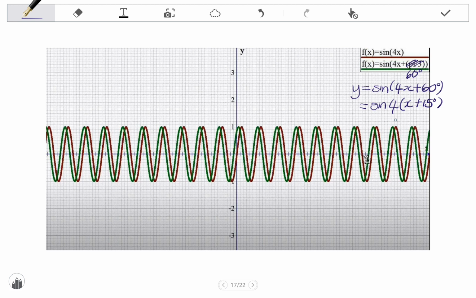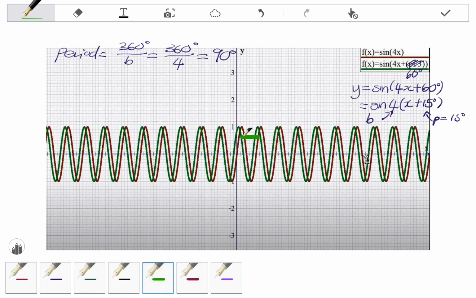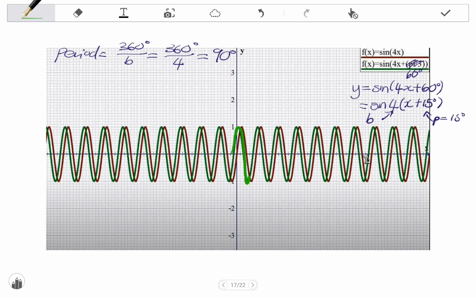So in this case, our b value is 4, and our p value is positive 15 degrees. The b value 4 tells us about the period of the graph. So our period for this graph is 360 degrees divided by b, which is 360 divided by 4, which is 90 degrees. So our graph's period is just 90 degrees.